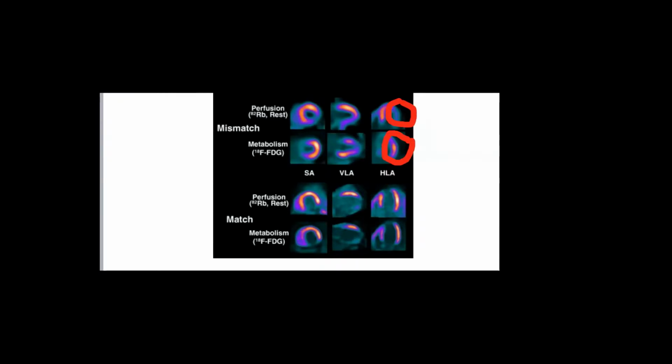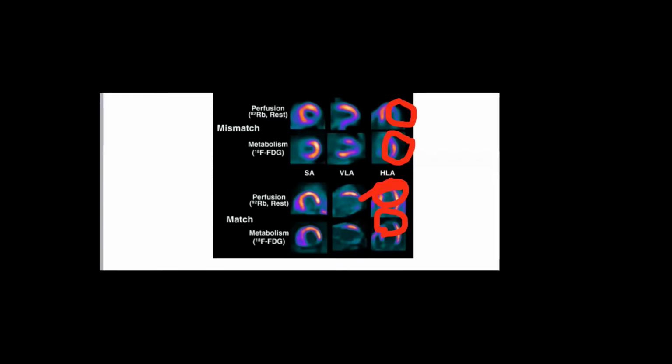Now look at the lower image. Apex, no perfusion. I give metabolic tracer, no metabolism. So no perfusion and no metabolism. This is a perfusion-metabolism match. This is non-viable, scarred myocardium.